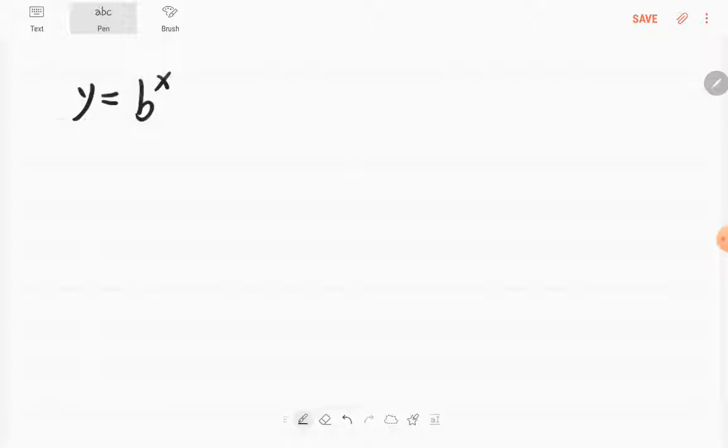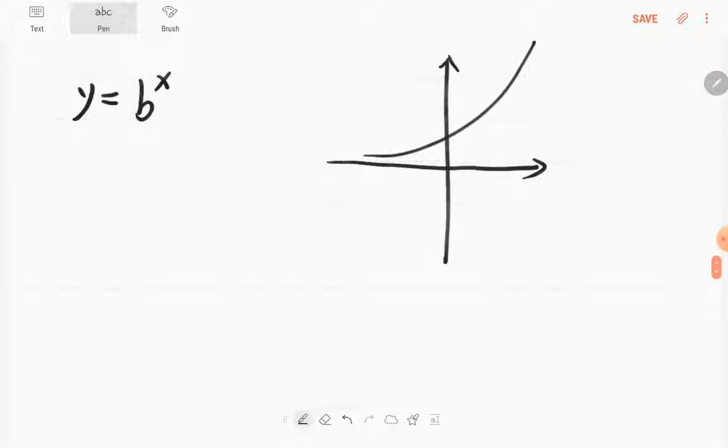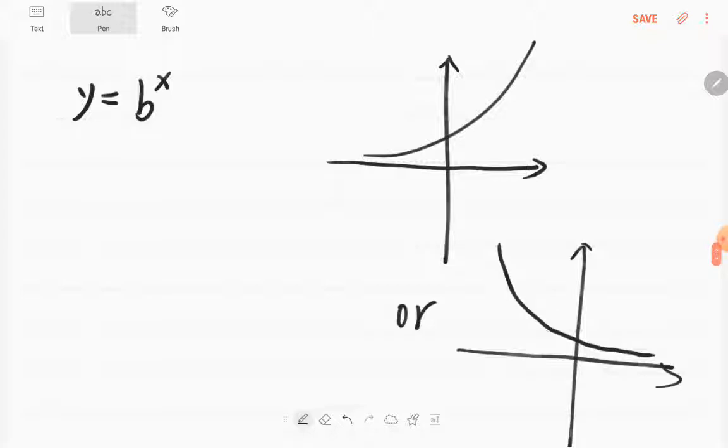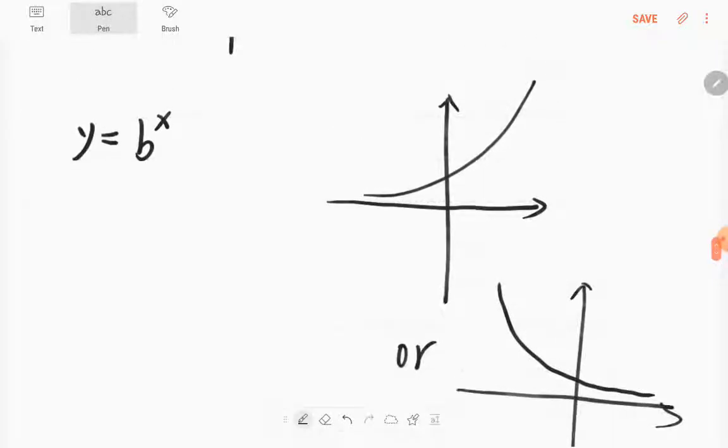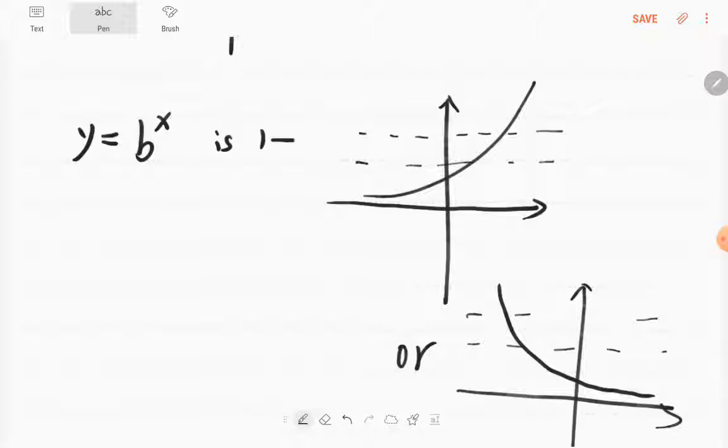No matter what b is in this range, the graph will look like this one, or this one. If you draw a horizontal line, it only intersects the curve at one point. So this exponential function is one-to-one, and it must have an inverse function.